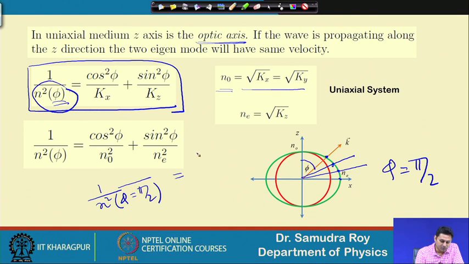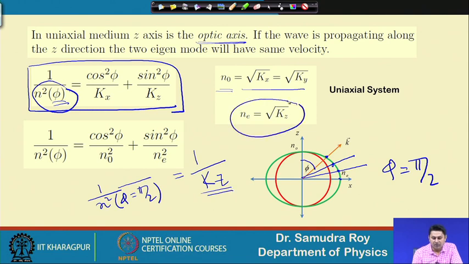Sin squared of pi by 2 is nothing but 1, and it will be kz. So the refractive index will be kz, and this refractive index will be the extraordinary refractive index at that point.